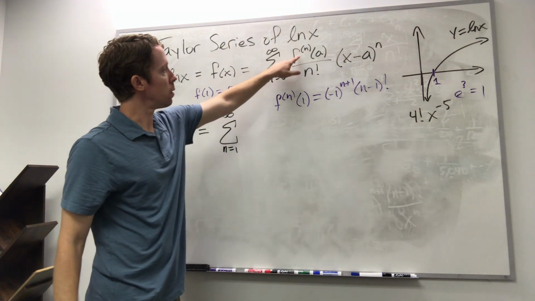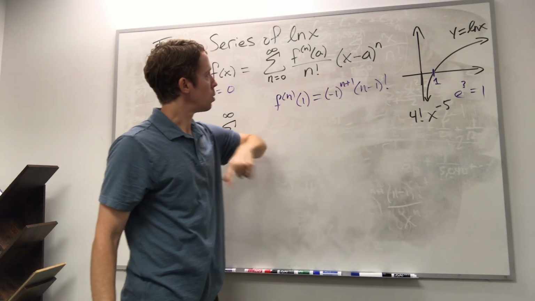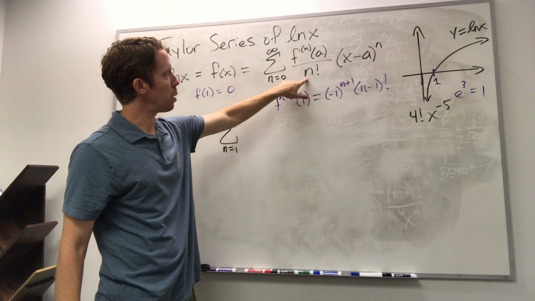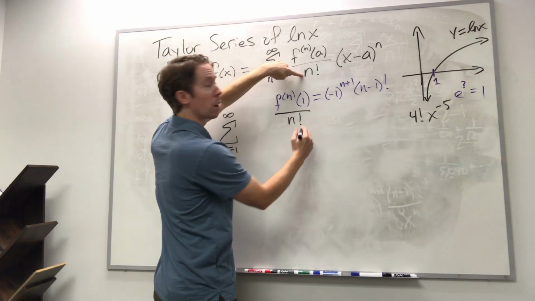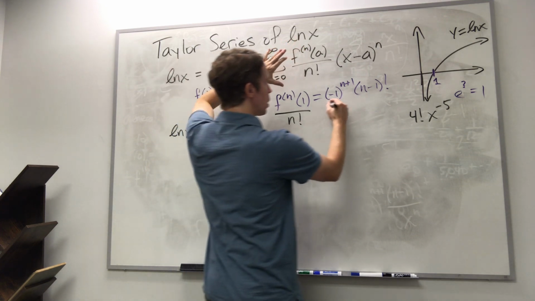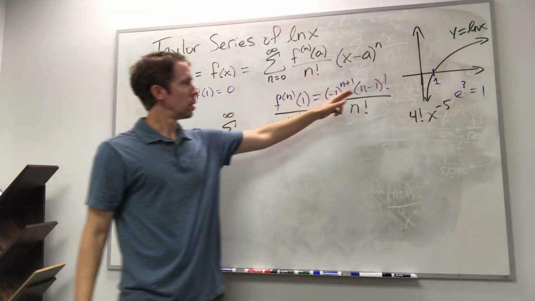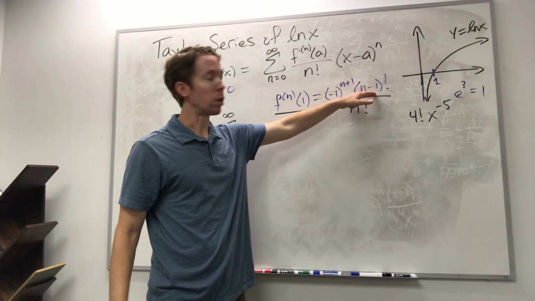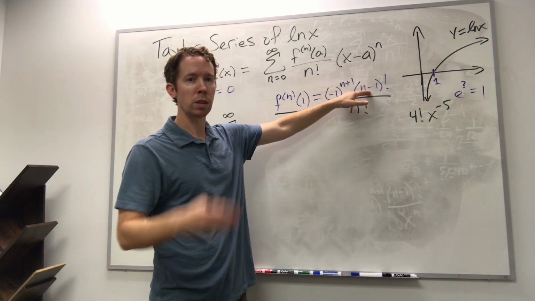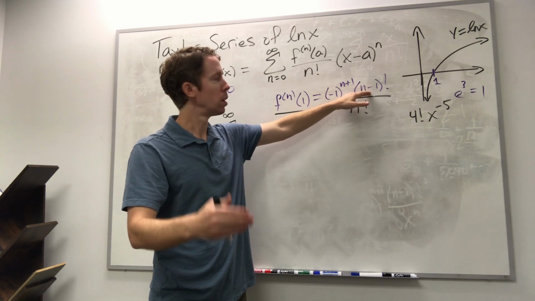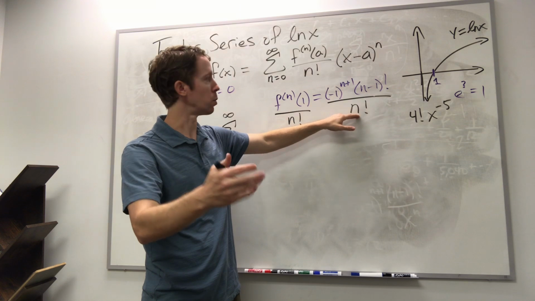And then my nth derivative evaluated at a is this thing. But notice, when I divide that by n factorial, like I'm supposed to for this coefficient, then this n minus 1 factorial, if n is 5, for example, that's 4 factorial, that's 4 times 3 times 2 times 1. 5 factorial is 5 times 4 times 3 times 2 times 1.